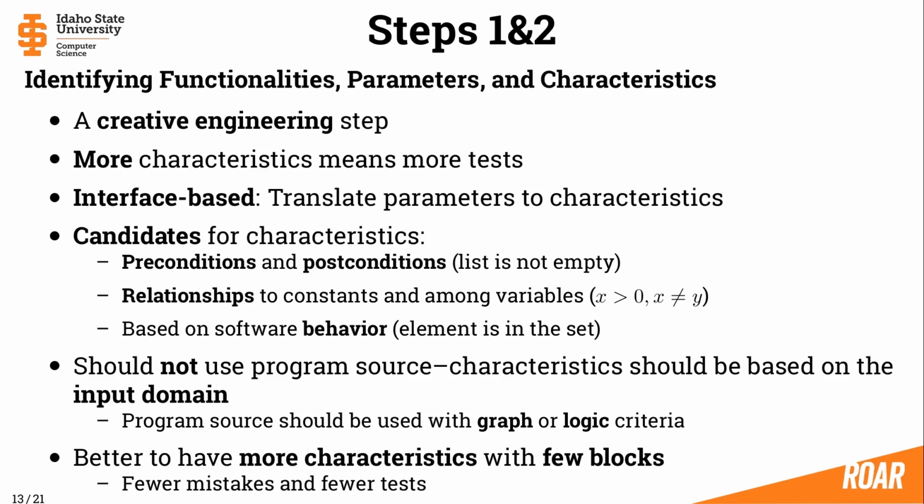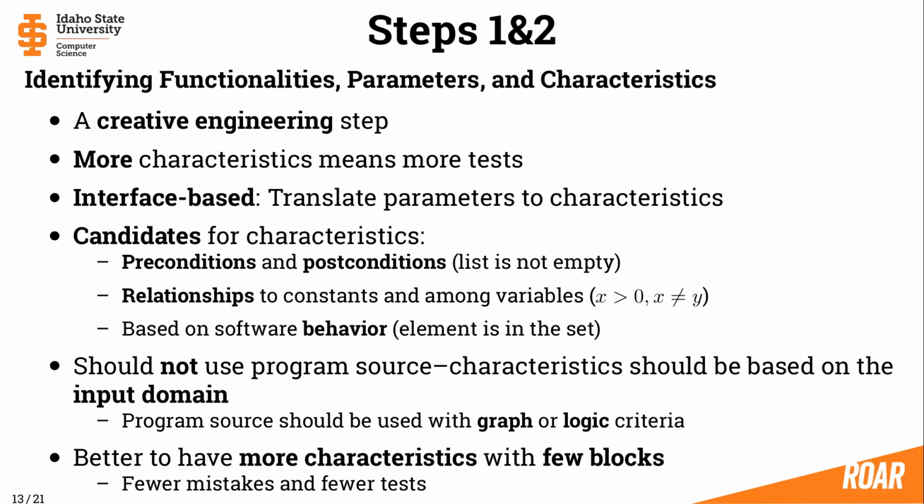Like, for example, if x has to be greater than 0 and x is not equal to y, we need to think about that. And then we also need to think about the software behavior, not its implementation, but what it's supposed to do. So element is in the set, whatever it might be. That's an example, right?